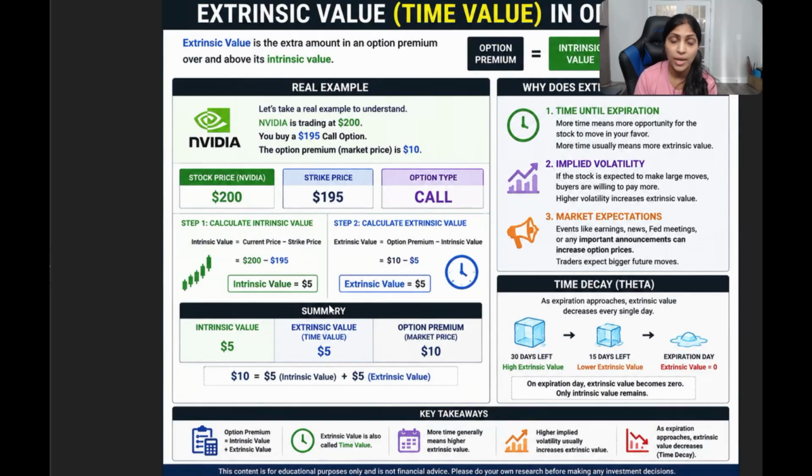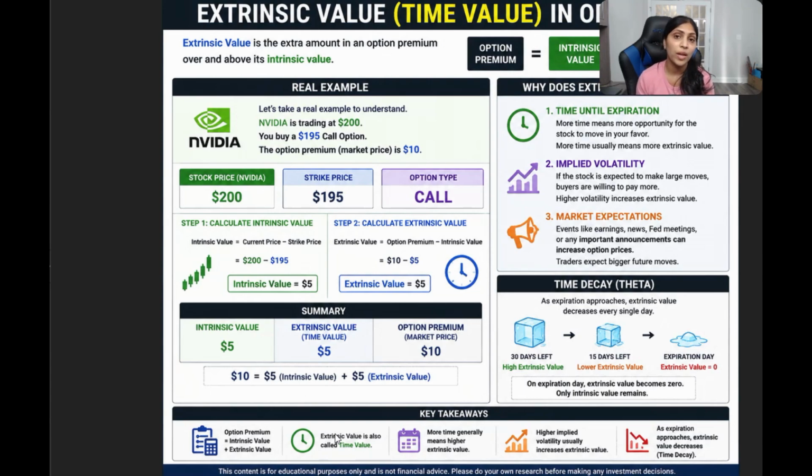Hope now you understand the intrinsic and extrinsic value, and how we need to calculate them for the option contract. The option premium equals intrinsic value plus extrinsic value. And extrinsic value we also call time value.